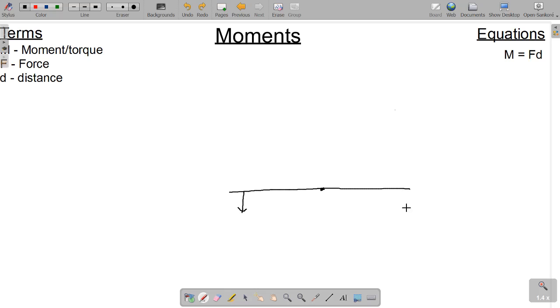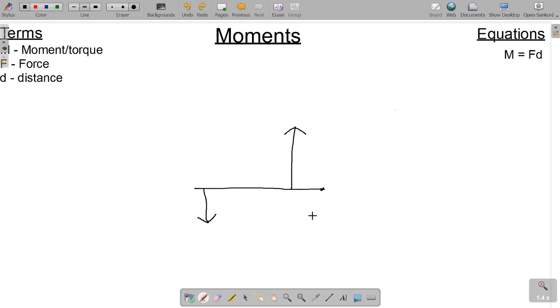Sometimes they can give it to you such that they're acting on the same side, for example like this, and like this. So you must be able to recognize where the pivot is to know where the distances are.